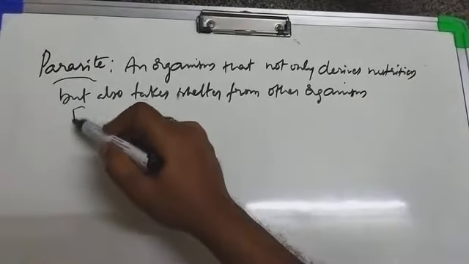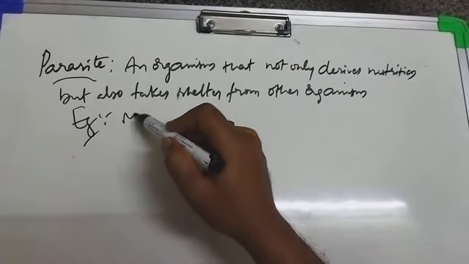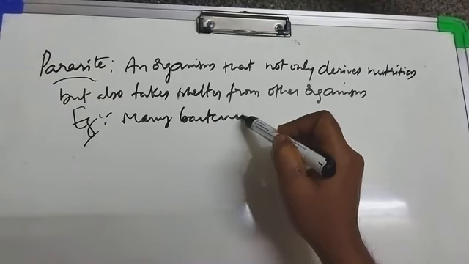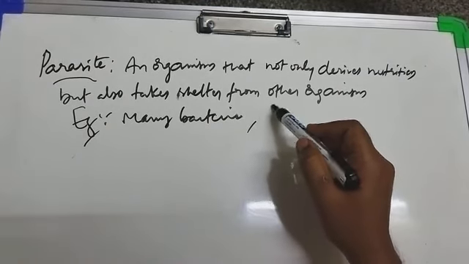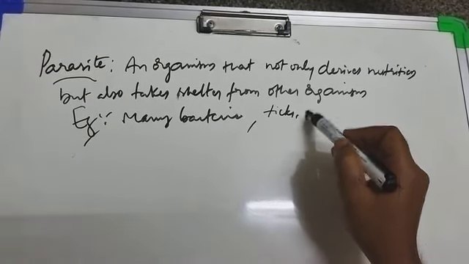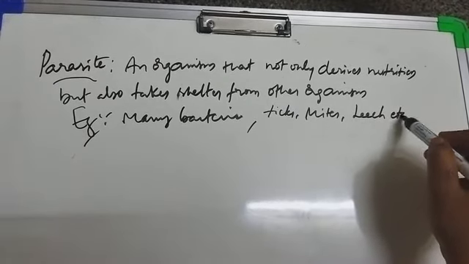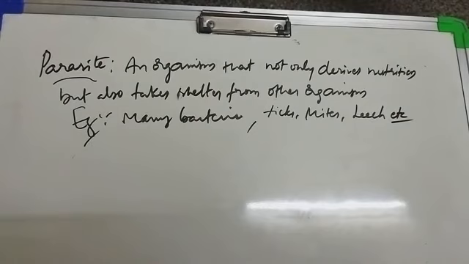Many bacteria, ticks, mites, leech, etc. There is a lot of classification under parasites: ectoparasites and endoparasites. Ecto means outside, endo means inside.